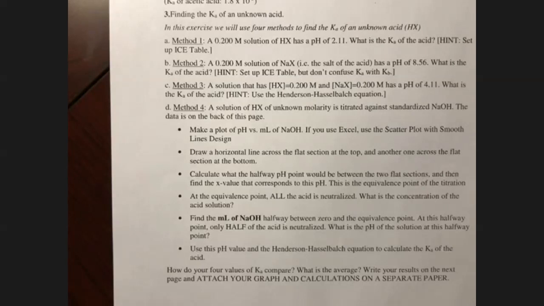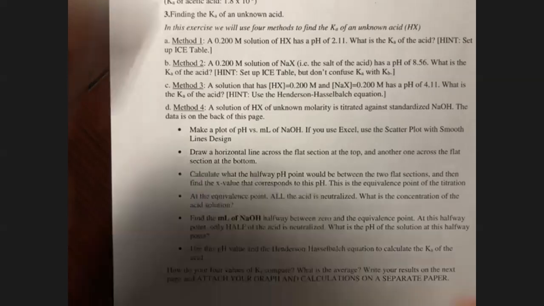So we do that, but instead of doing an indicator-based titration, we do a pH titration. We do a curve, and they're going to give you the data back here.